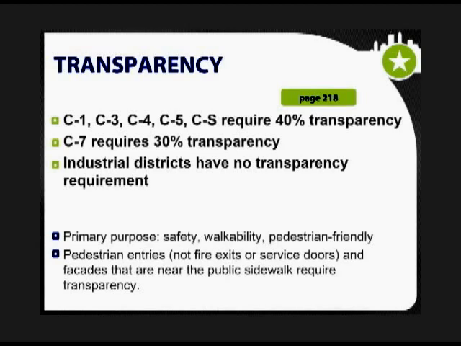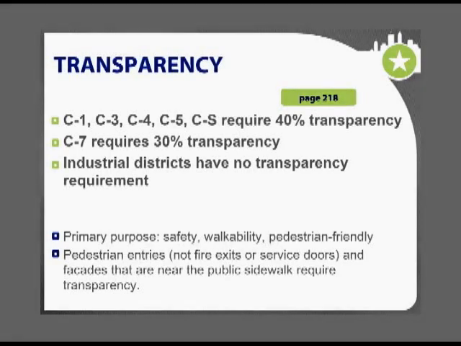We don't anticipate those C7s being in a real neighborhood kind of context, but we still need to have transparency for minimum safety standards. And just as a side note, this is one of the elements that IMPD was advocating very strongly for, because they need to be able to see in and see what's going on.